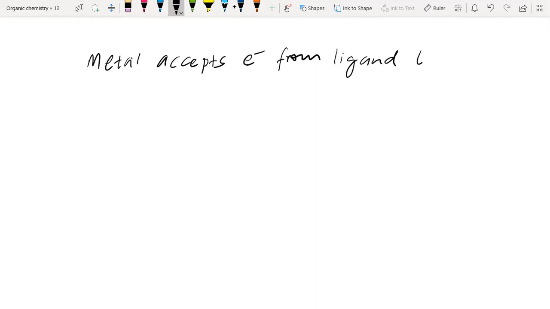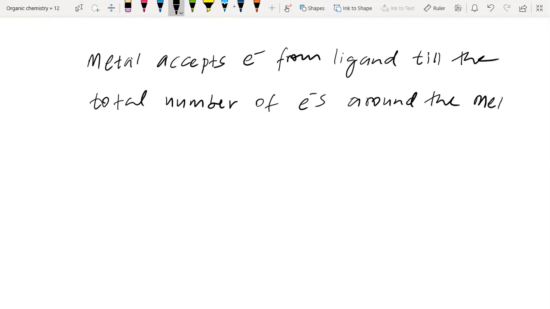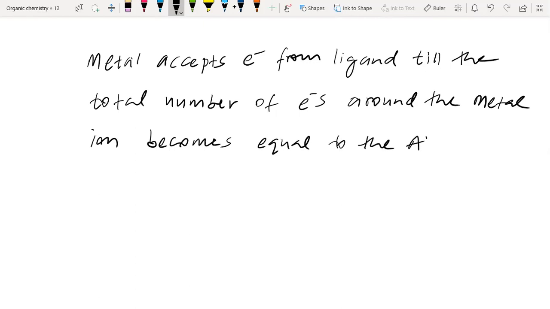In this EAN rule, metal accepts electrons from ligand till the total number of electrons around the metal ion becomes equal to the atomic number of nearest inert gas.